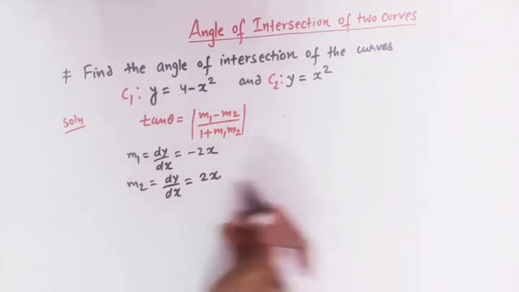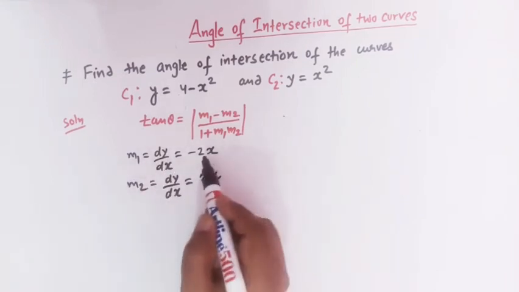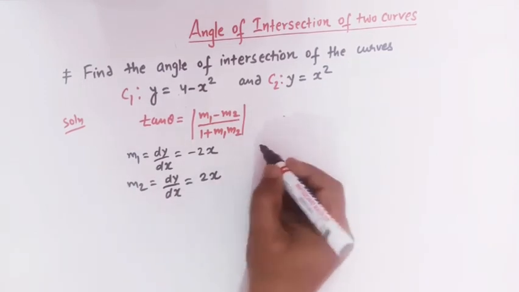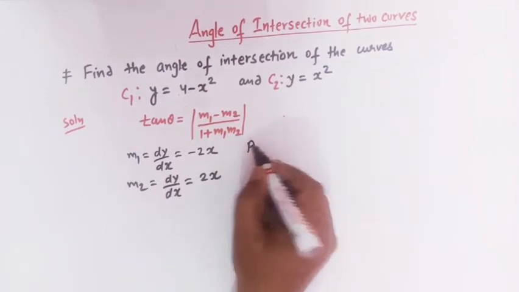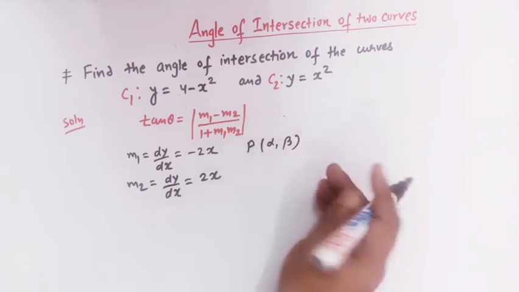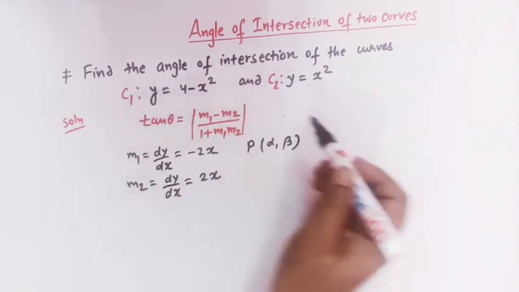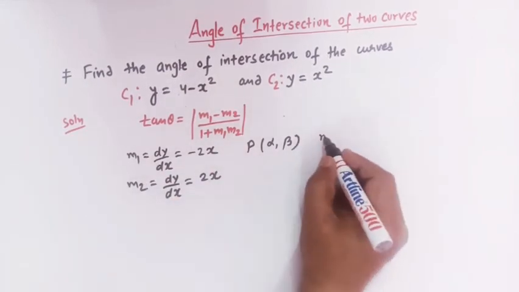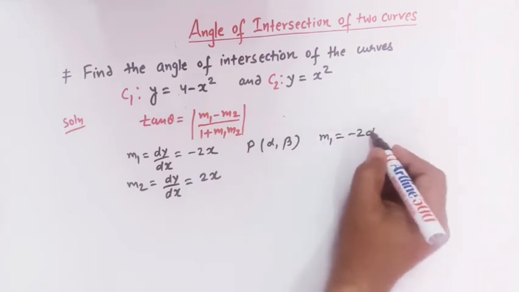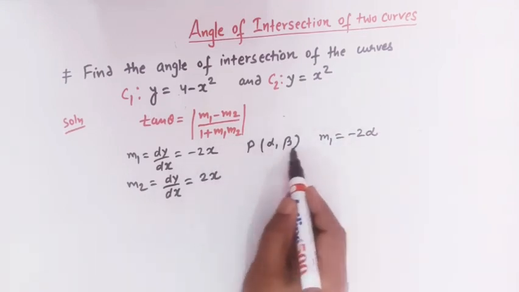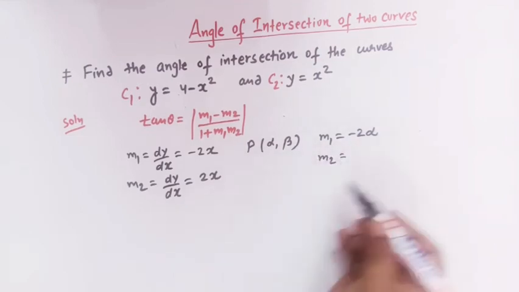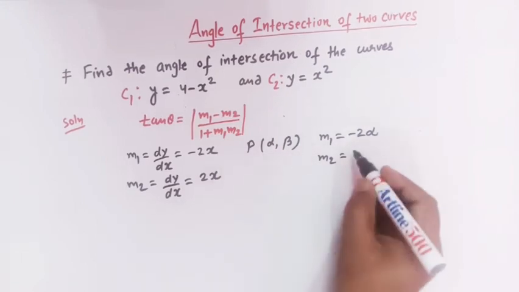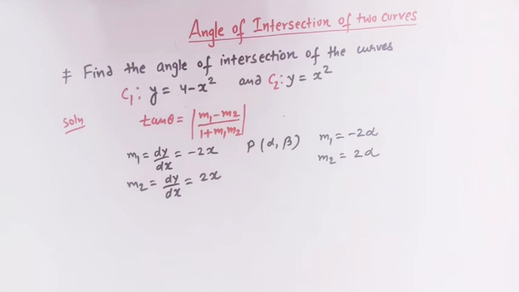So now m1 is minus 2x and m2 is 2x. Now let us take a point P as alpha comma beta, which is the point of intersection of these two curves. So now m1 is equal to minus 2 alpha at this point alpha comma beta, and m2 is the slope at this point alpha comma beta. So here we have 2 alpha.